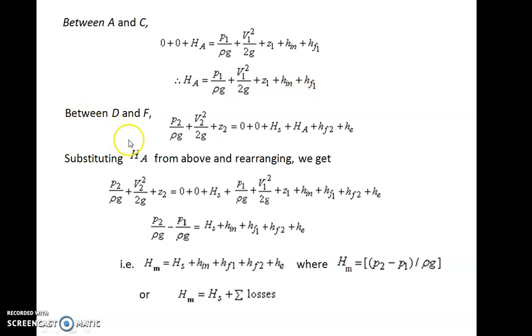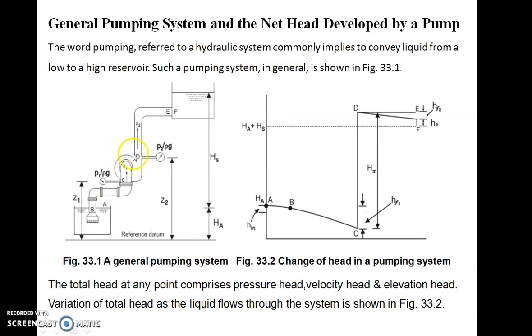Similarly, if we apply Bernoulli's equation between point D and F, we have seen that pressure is raised at point D, so P2 by rho g is the pressure at point D, and at point F there is atmospheric pressure.